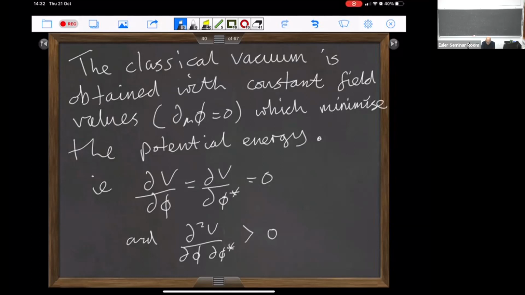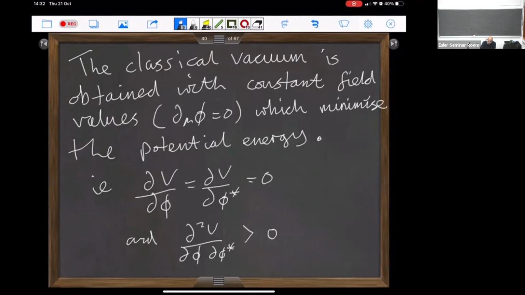So to minimize the energy, one looks at critical points of the potential with positive matrix of second derivatives. Here I'm being a bit sloppy.